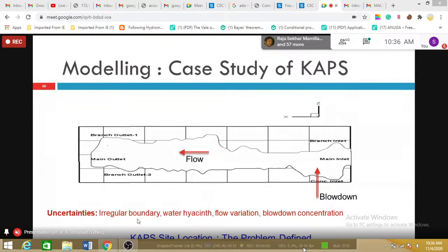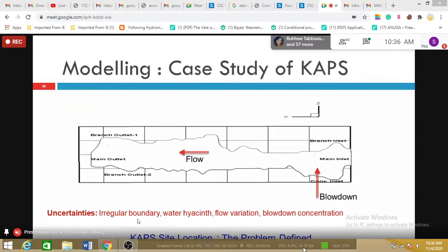So the flow condition within the canal also is not uniform. It keeps on changing. The blowdown concentration also was never uniform. It keeps on changing. The flow in the canal also, depending upon the water released from the Kakrapa River, that flow also varied.